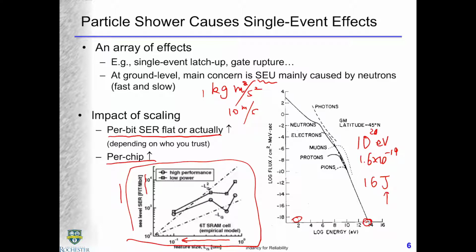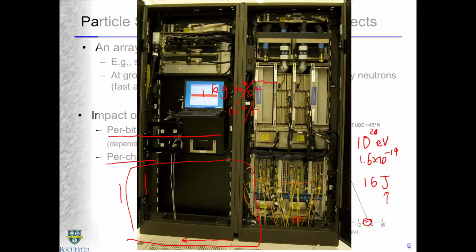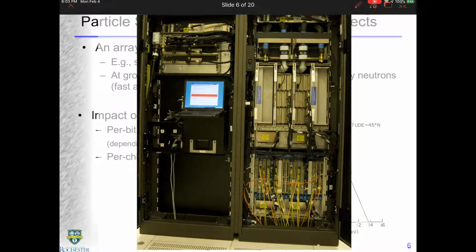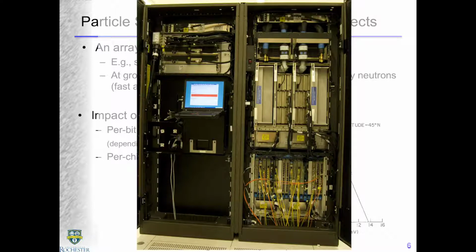Before you say too bad, we're going to have problems with my laptop or with my money stored in the bank, you shouldn't worry too much. This is what a Wall Street firm likes to buy, an IBM mainframe. When they sell a mainframe, and this is one example of a multiprocessor, they're not necessarily giving you performance.